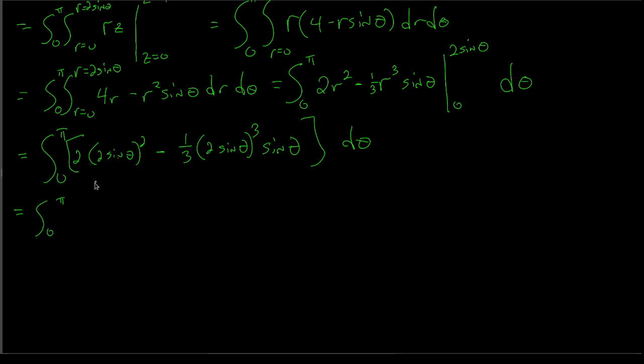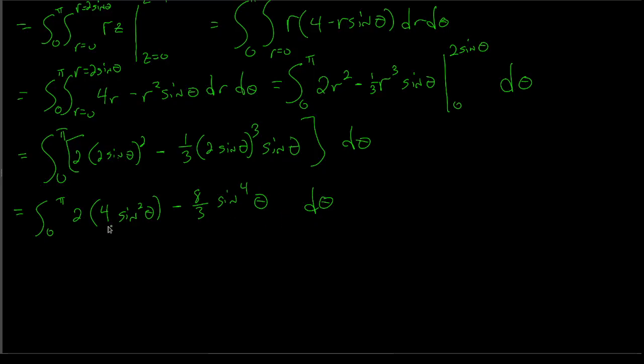So I'm going to have 2 times 4 sine squared theta minus 8 sine cubed theta, but that cube is going to be times this sine, so sine to the 4th theta, d theta. And just a little bit of cleanup here.